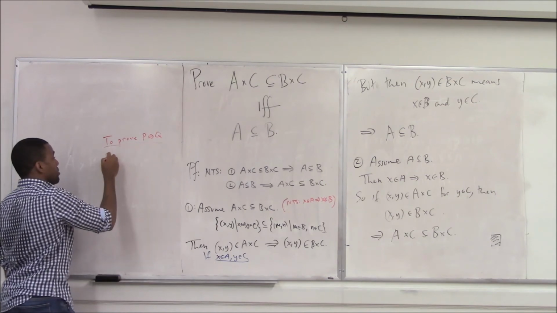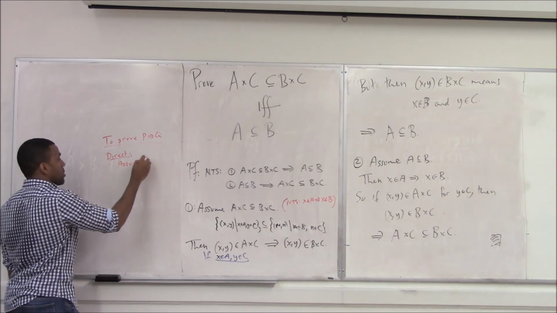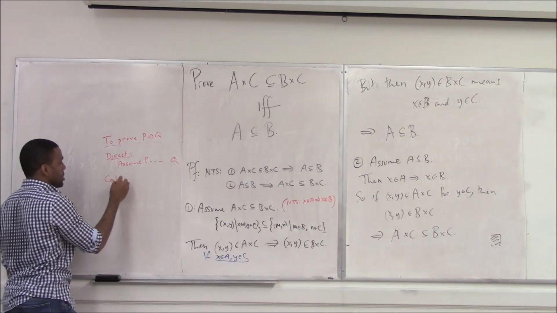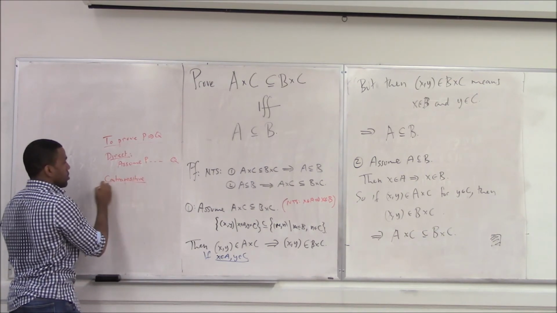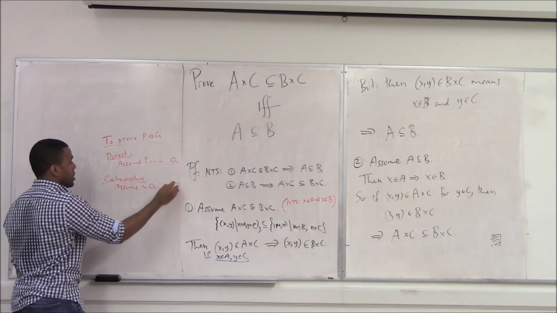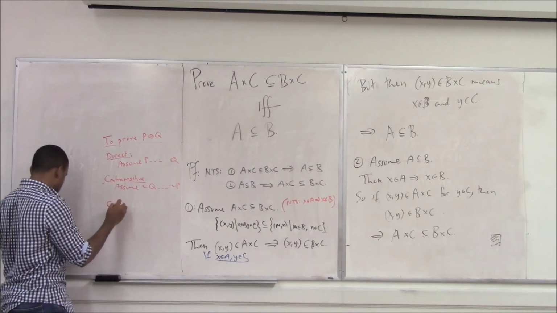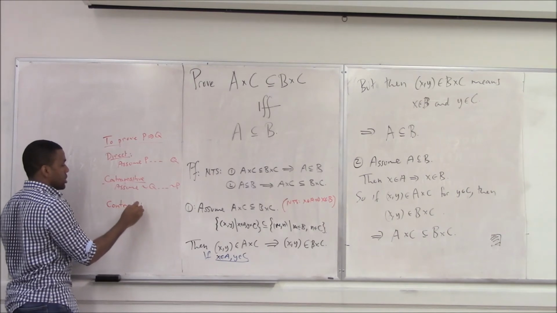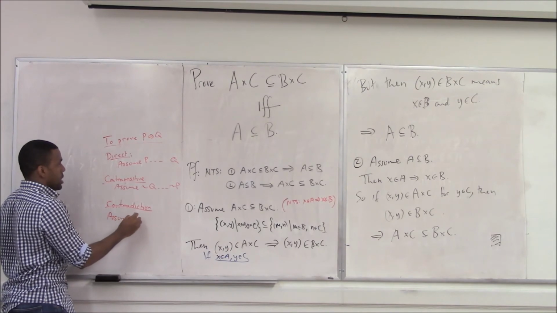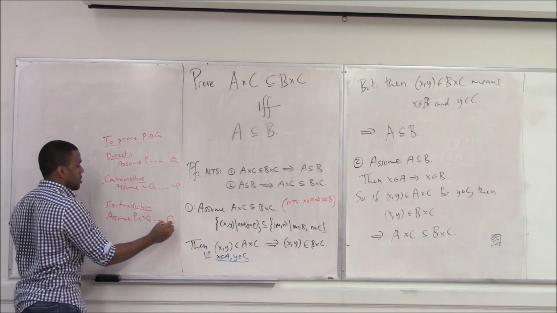You have direct proof. So what you can do is assume P and then show Q ultimately. You have what's called proof by contrapositive, which means you can assume not Q and then show not P. We also have contradiction, which we're going to do next time because we don't have time today, where you would assume P and not Q and then show a contradiction.